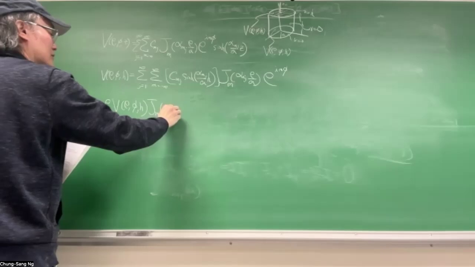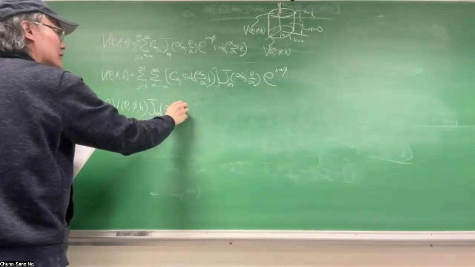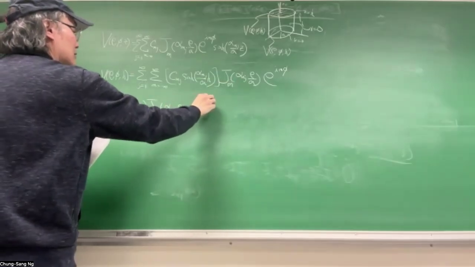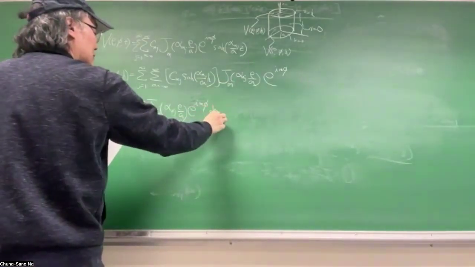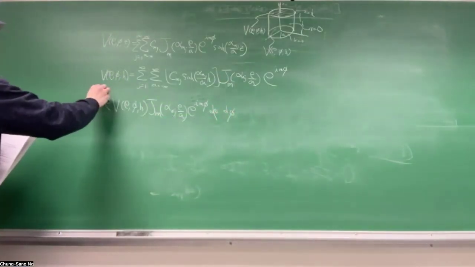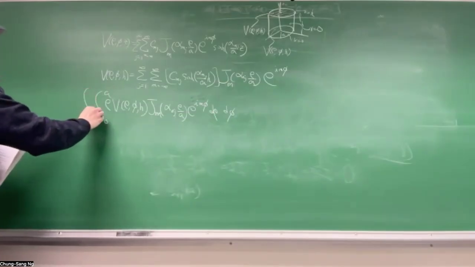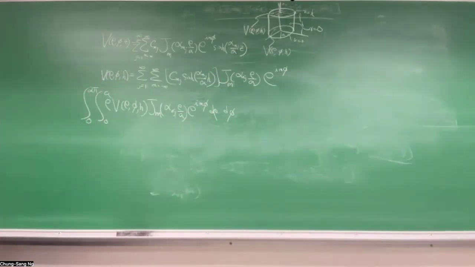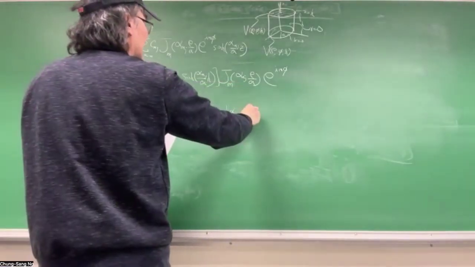At this stage, you can just copy this one over here, e to the i m phi, and then you integrate d rho and d phi. d rho is from 0 to a, and d phi can be any period, 0 to 2 pi. So that's the left-hand side, and the right-hand side does the same thing.